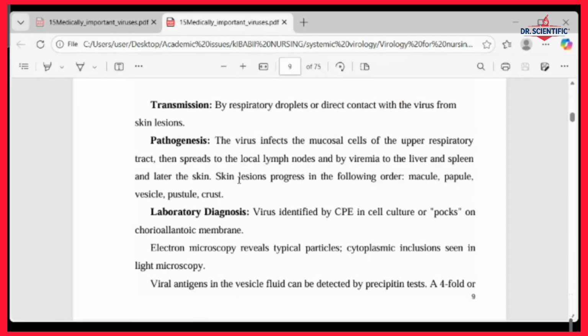Normally, when the skin is affected, the lesions progress, forming what we call the macule, then papule, vesicle, pustule, and crust.